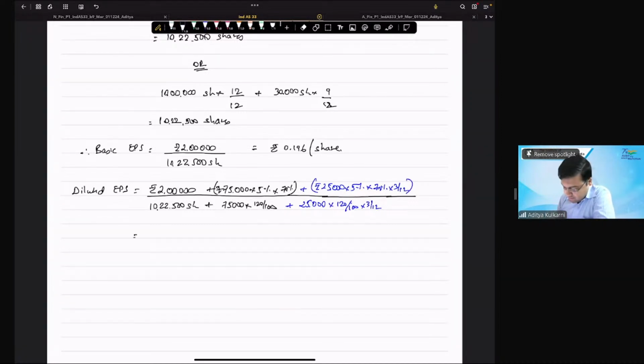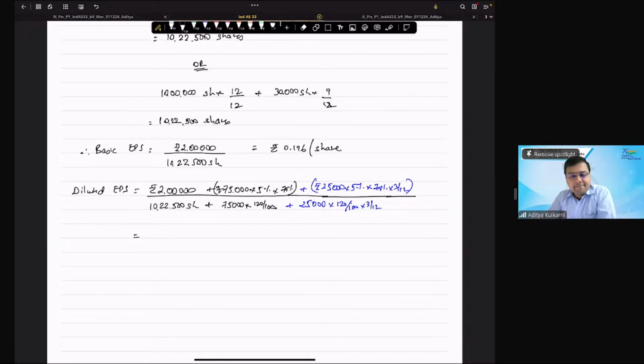Did you understand? 25,000 rupees is the value of the bond, 5% is interest thereon, 70% is net of the tax benefit that you are going to get, or net of the tax payment that you are going to make, into, for the first quarter only they are potential. So into 3 by 12. Did everyone understand this? Okay, Shabir, did you follow? Niranjan?